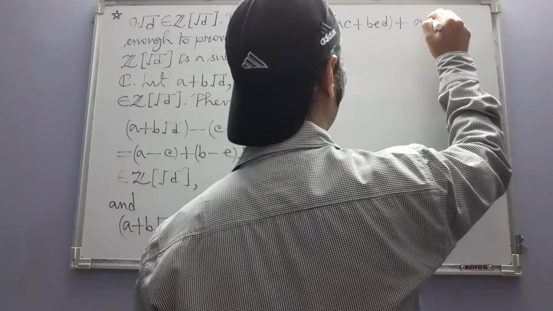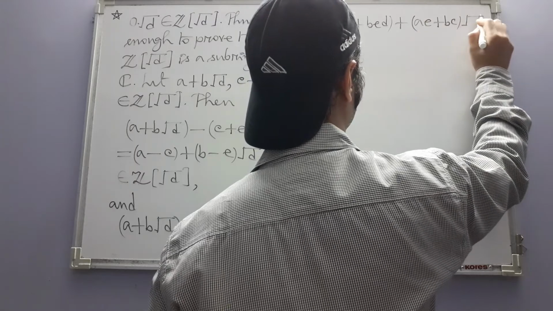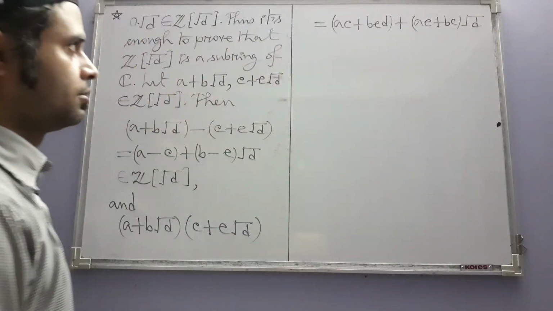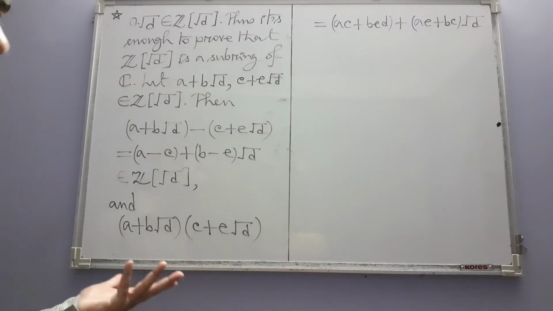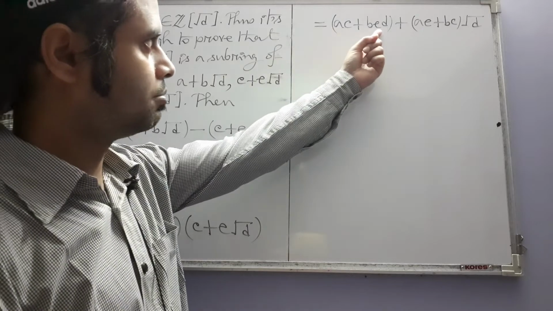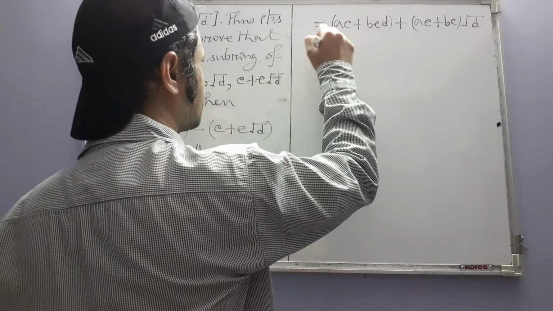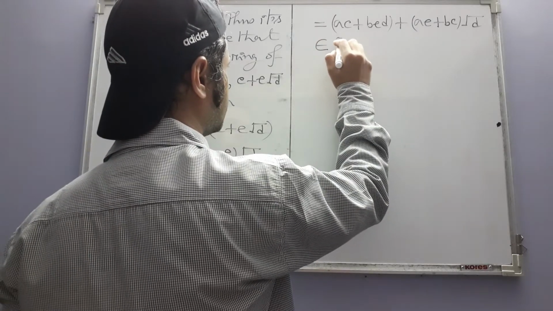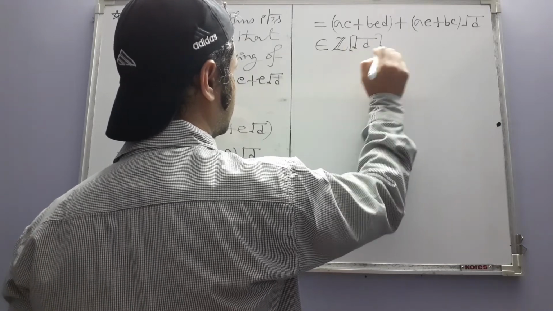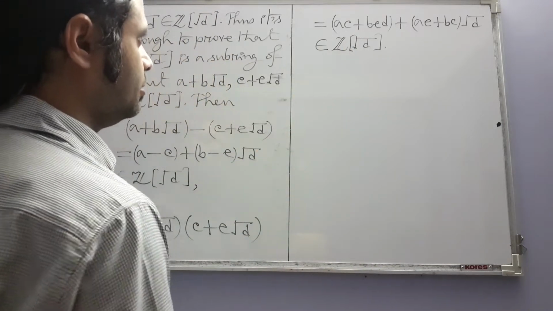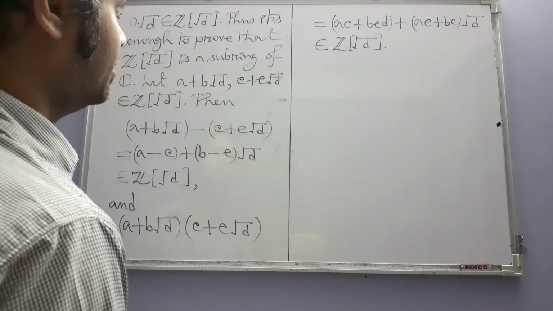So ae plus bc times square root of d. Because a, b, c, e and in fact d are all integers, ac plus bed and ae plus bc are also integers. So this again belongs to our set.